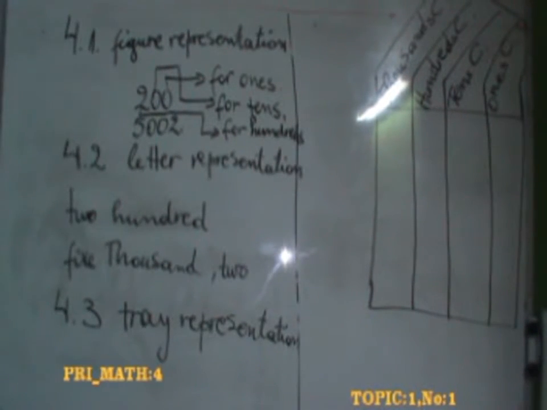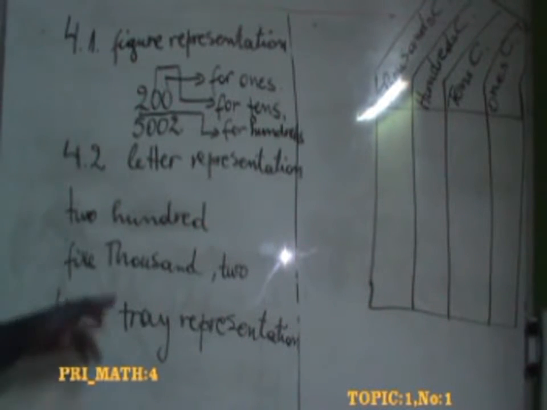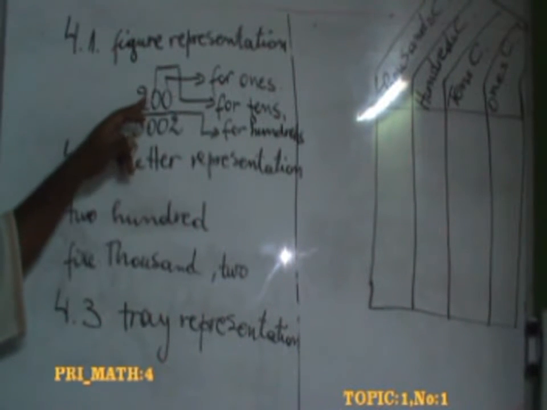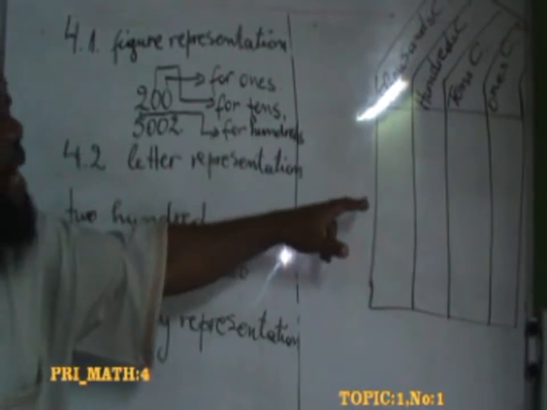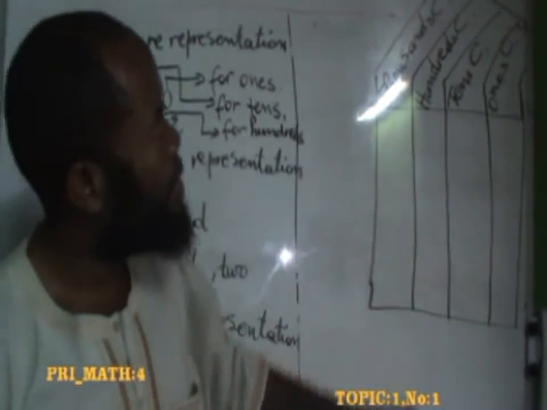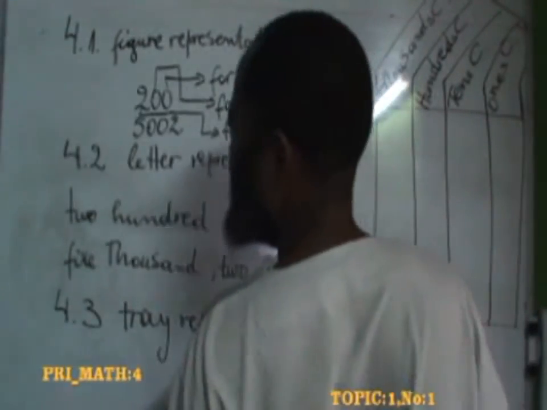So we take these digits and we put them in our tray representation.